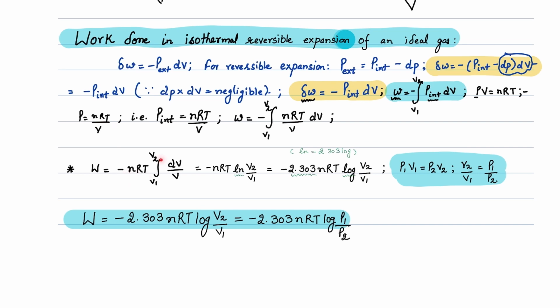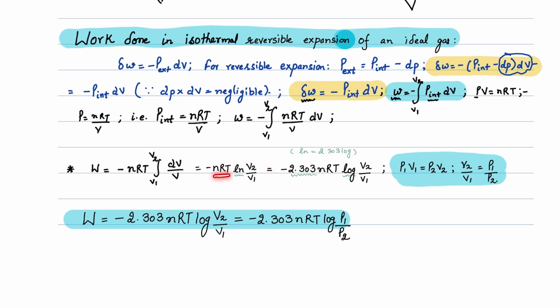We know that the integration of dx by x is nothing but ln of x. So here we will have ln of V, and we know the formula is upper limit minus lower limit. In logs, subtraction makes them divide: ln a minus ln b is equal to ln of a divided by b.